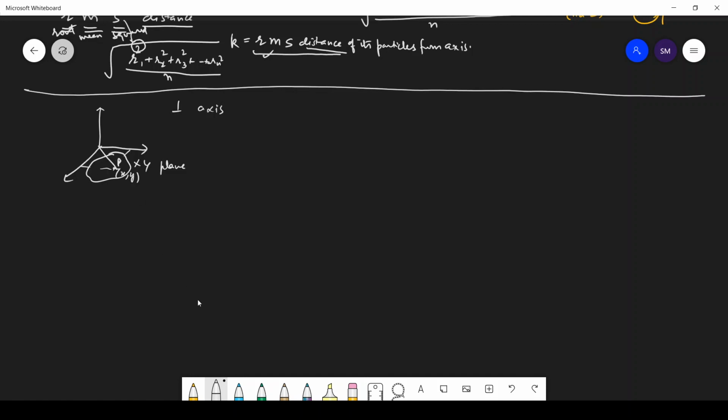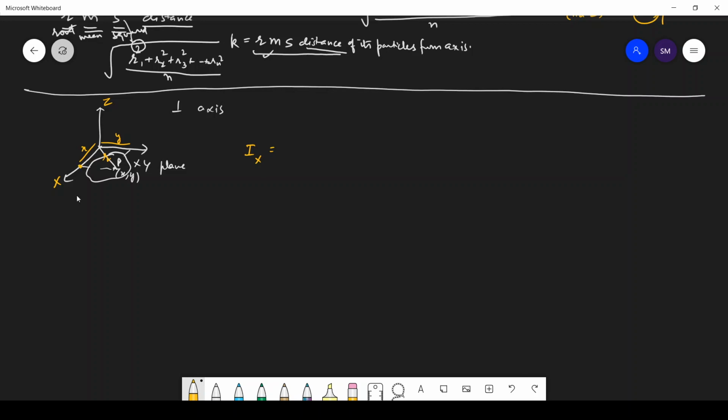This distance is your r, and this distance is clearly y. This distance is clearly x along the x-axis, and this is the z-axis. So the moment of inertia of the particle about the x-axis, if I'm talking about the x-axis, that is equal to... where will be your center?